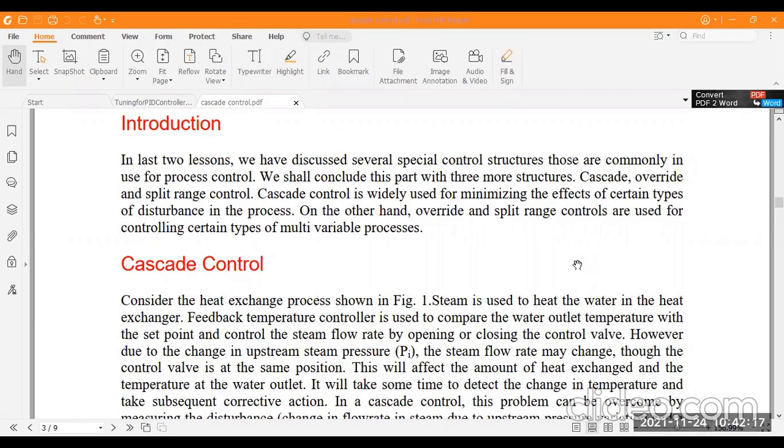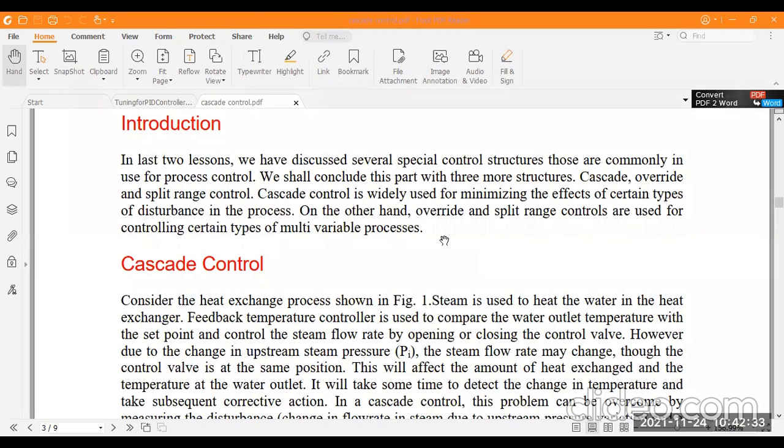In that case we use cascade control systems. This cascade control system uses the output of the primary controller to manipulate the set point of the secondary controller.